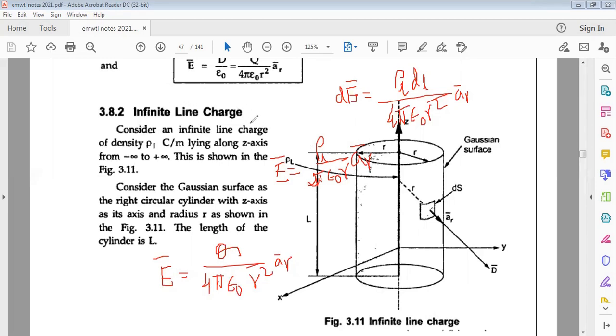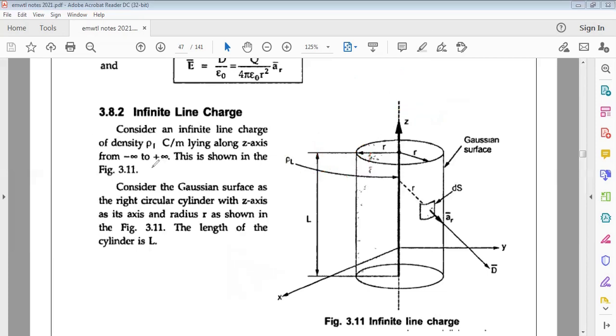But the same equation you have to derive by using Gauss law, my dear students. For that, consider an infinite line charge density rho L. Here, you see this dark line showing that the charge is uniformly distributed on the z-axis, lying along the z-axis from minus infinity to infinity.